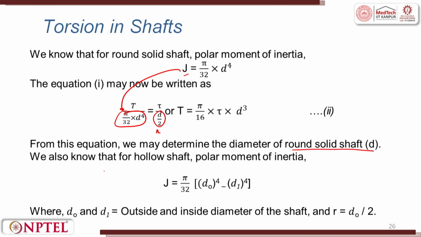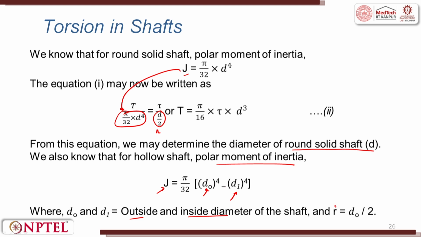We also know that for a hollow shaft, the polar moment of inertia is this, because when we talk about the hollow shaft, there are two diameters, d outside and d inside, or we call it DO and DI. DO is the outside diameter and DI is the inside diameter. So J, that is the polar moment of inertia, here becomes pi by 32, d outside power 4 minus d inside power 4.